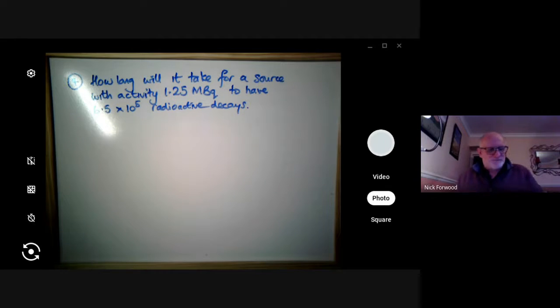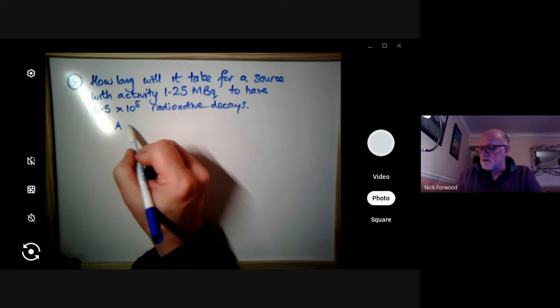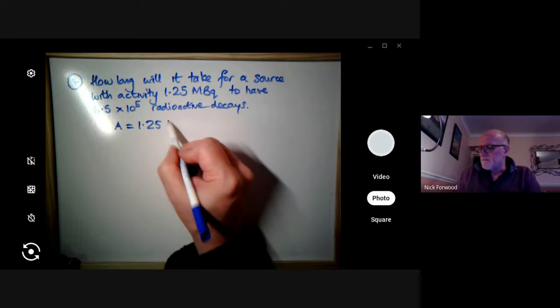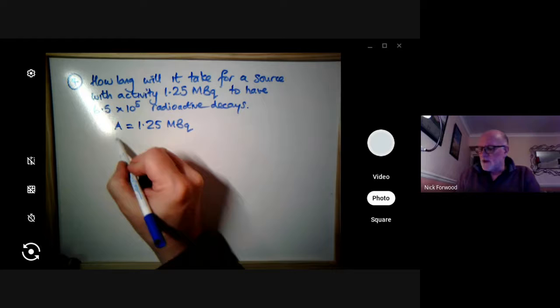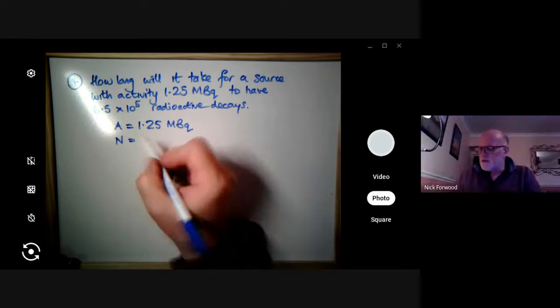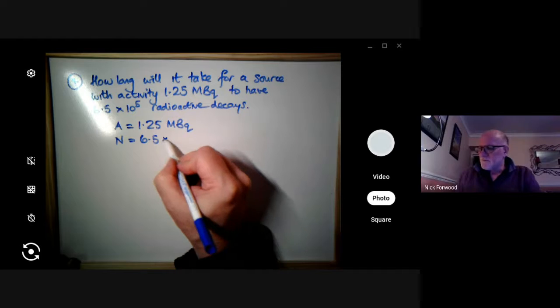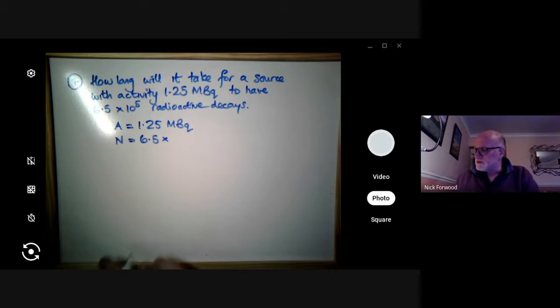So what have we got? We're going to do TUP for now. We're going to write down the activity, which is 1.25 megabecquerels. We're going to write down the number of decays, 6.5 times... I think I need to change this actually.